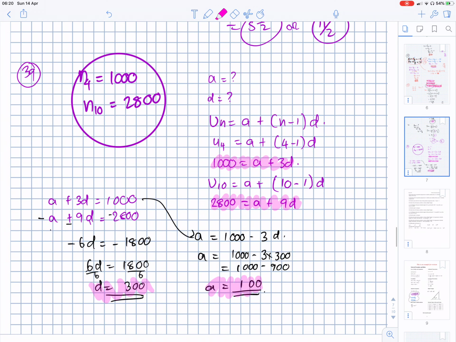Let's take the second one: a plus 9d equals. So what is a? a is 100 plus 9 times d, which is 300. So 100 plus 2700 is 2800, which is the same as that.